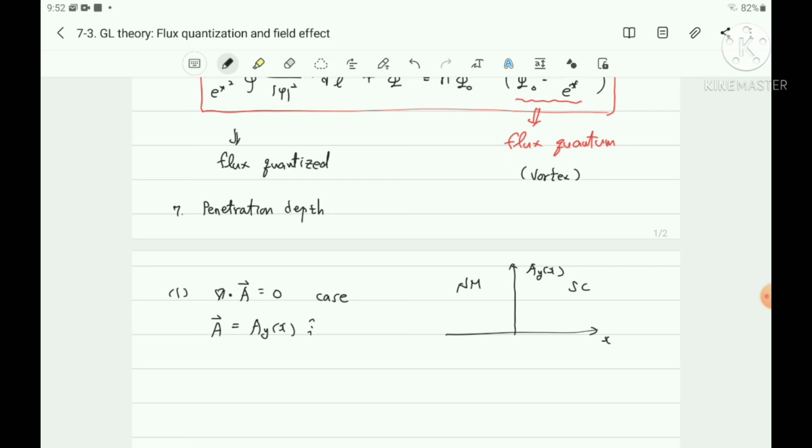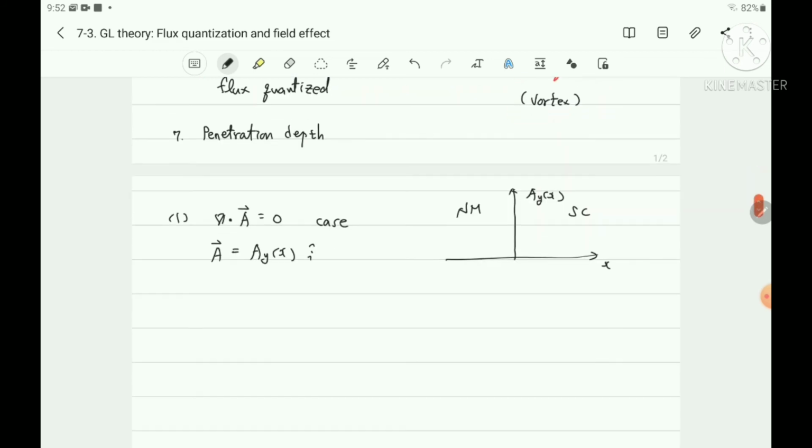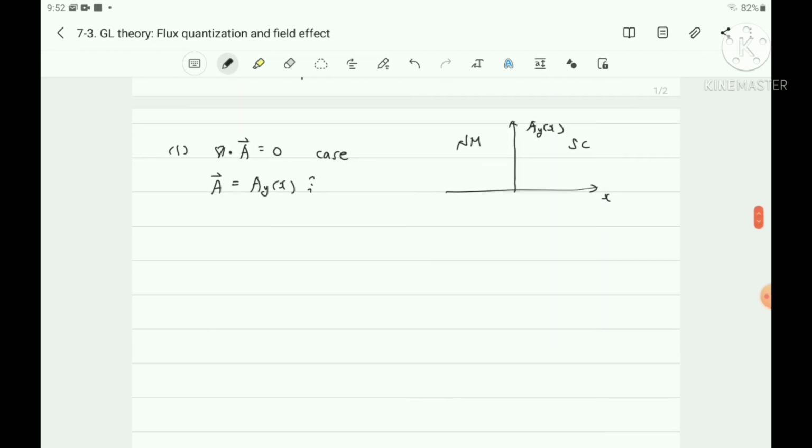Here the magnetic vector potential can be calculated and inserted into this equation, and this result gives the flux quantization in the superconducting state.